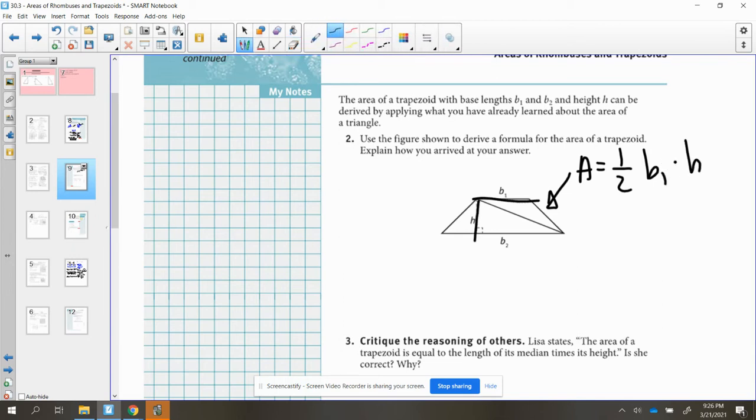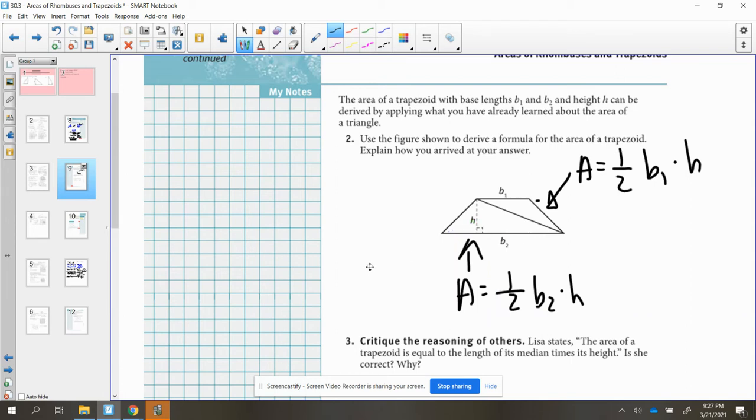Base times height, again, where that's perpendicular. And then the other triangle's area would also be found by taking 1/2 the base, this time a different size base, and then again that perpendicular height, which is actually the same height as our first triangle, right?